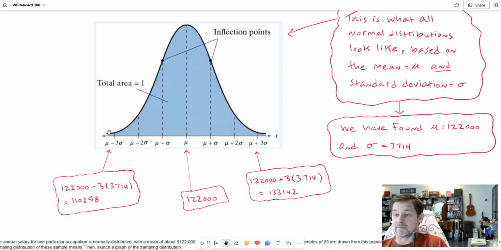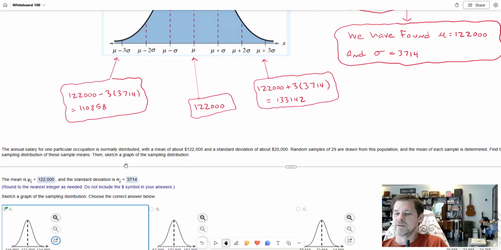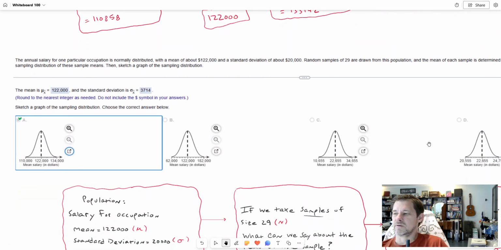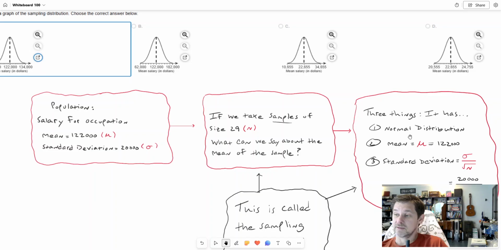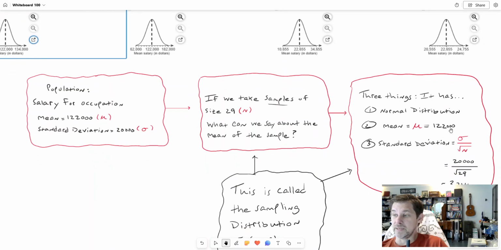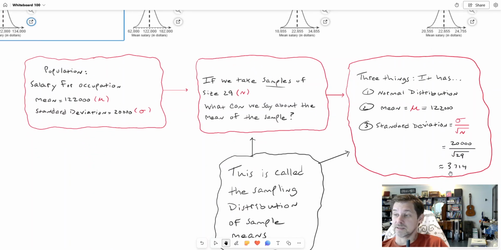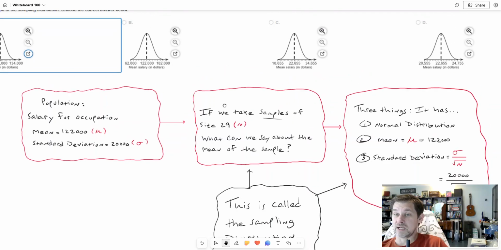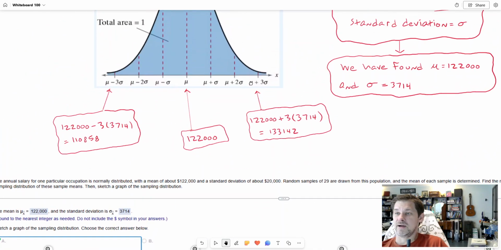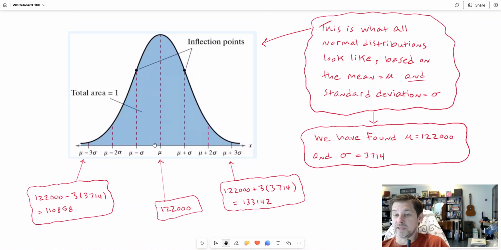All right? So I'm going to figure out which one of these would be correct for our case: normal distribution, mean 122,000, standard deviation 3714. I'll say that it will look like this, and I just have to figure out what these numbers are.